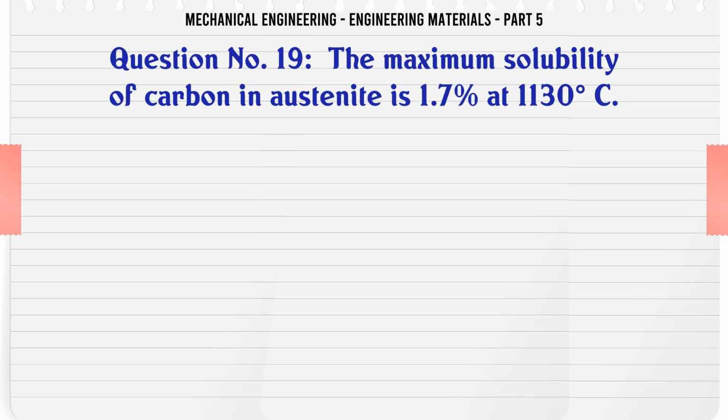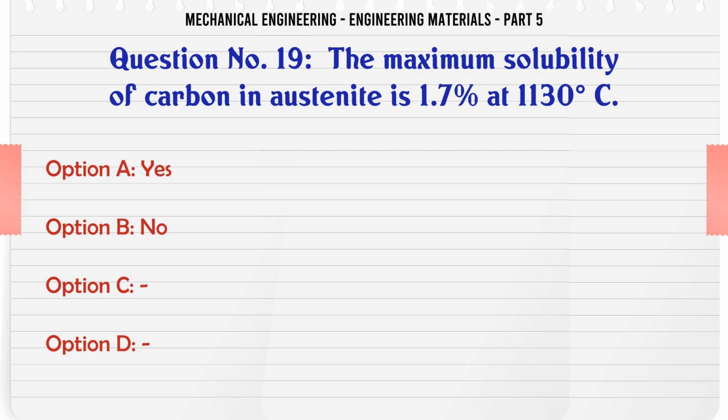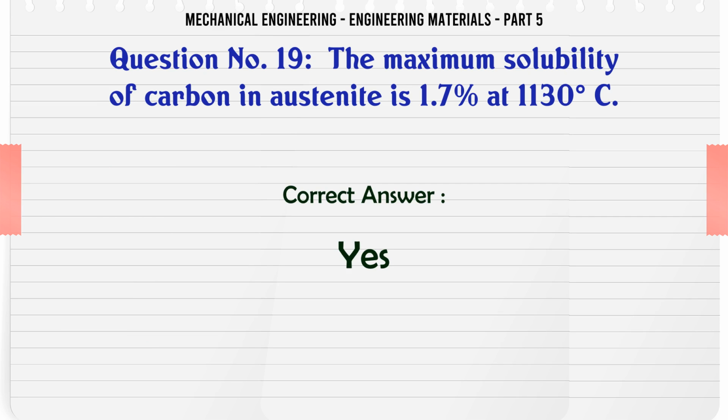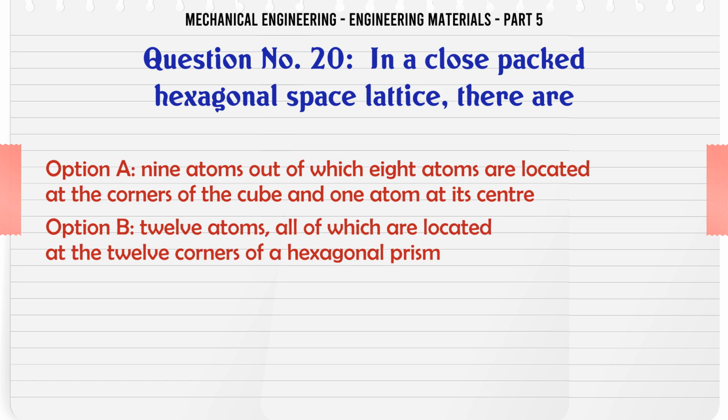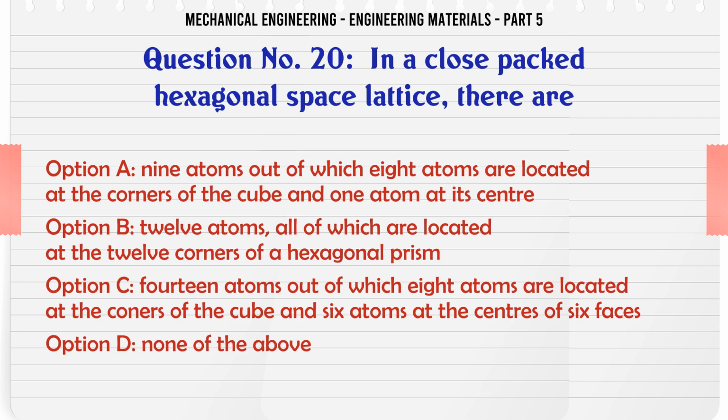The maximum solubility of carbon in austenite is 1.7% at 1130 C. A. Yes. B. No. The correct answer is yes. In a close-packed hexagonal space lattice there are A. 9 atoms, out of which 8 atoms are located at the corners of the cube and 1 atom at its center.